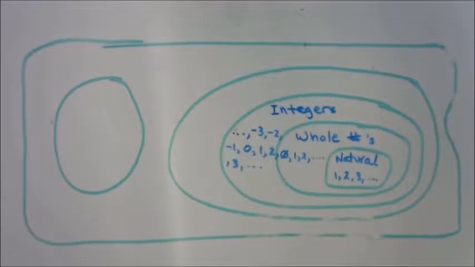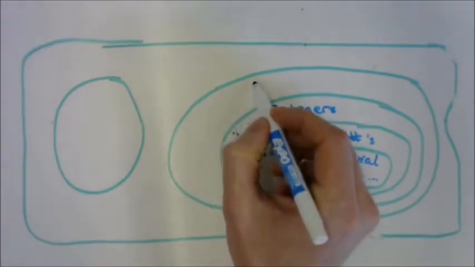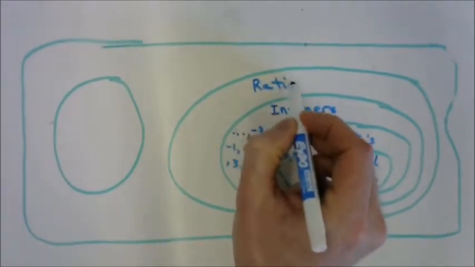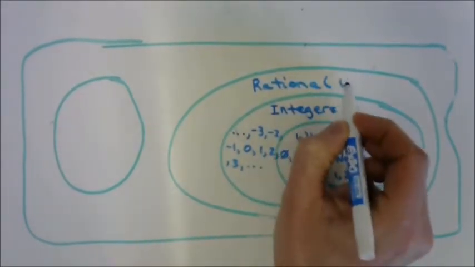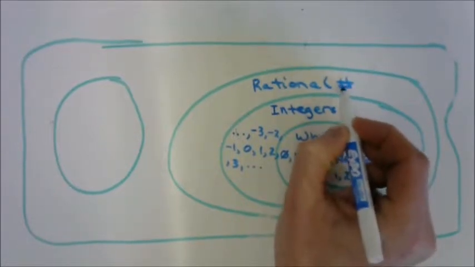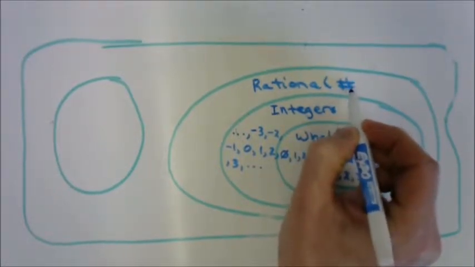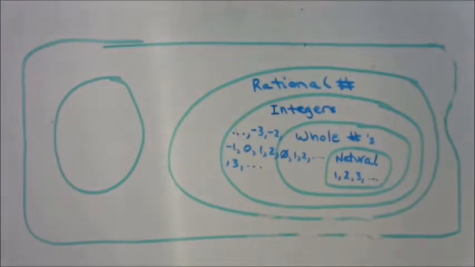And the next group of numbers, I'll give you a hint. We studied integers, now we're studying rational numbers. We did take a note on rational numbers at the beginning of Unit 1. We said it's any number that can be expressed as a fraction where the numerator and the denominator are both whole numbers.